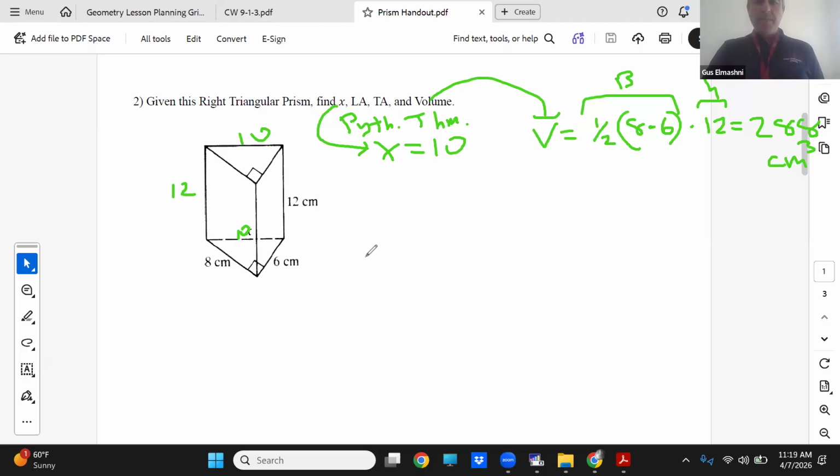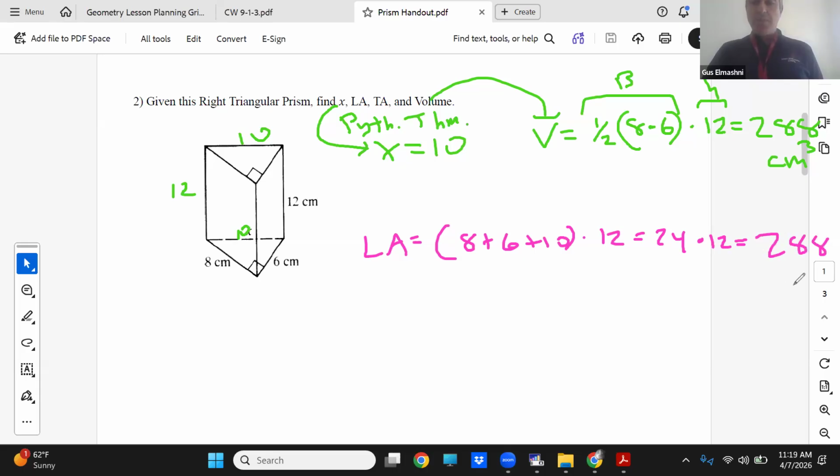The lateral area, the perimeter of the base, 8 plus 6 plus 10 times the height, which should be 24 times 12, which is, oh, that's a coincidence, also 288. That's a total coincidence that happened.